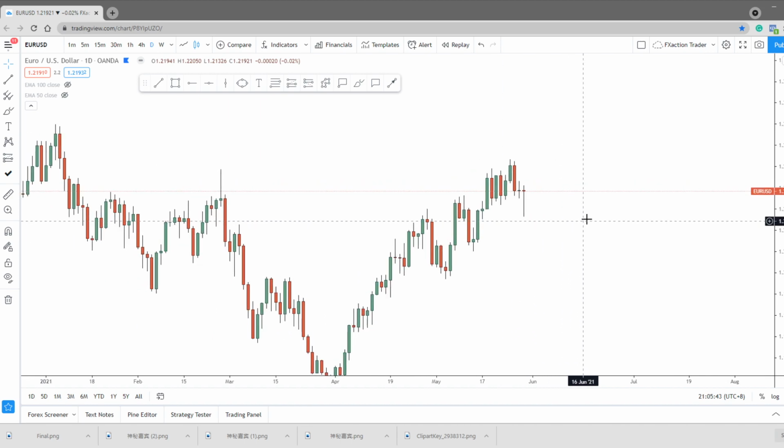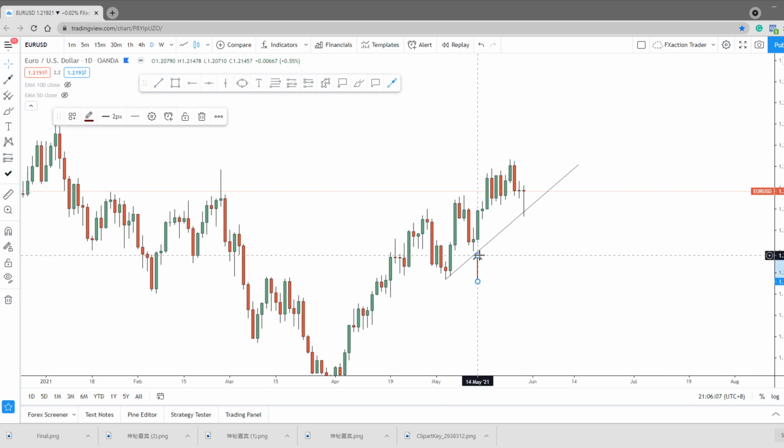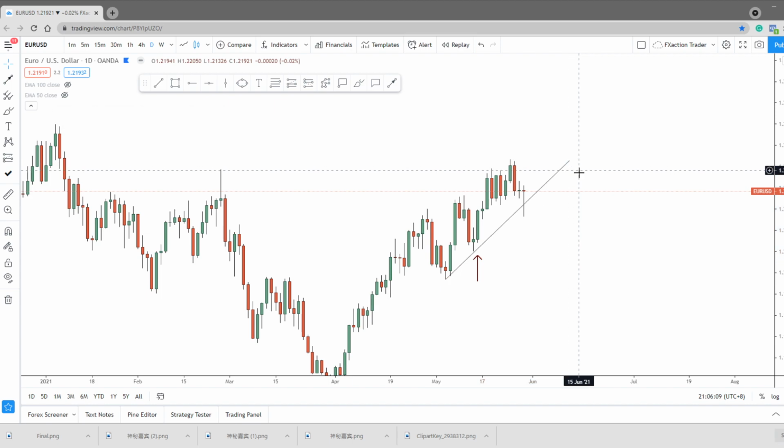Alright, so let us pay attention to the daily chart and what the market has been trying to show us, and what the market has been doing to signal the next movement. On the daily chart, we can see that the market has beautifully formed a trend line here, and this trend line has been respected or tested by this doji candle.